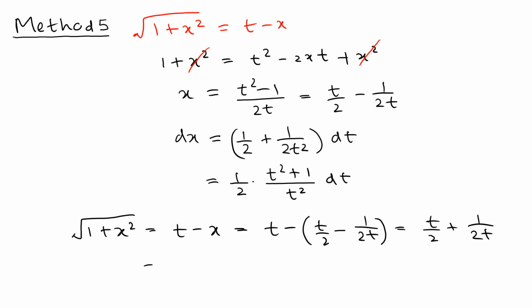That means this is simply 1/2 times t squared plus 1 over t. So as before, we're going to substitute all this into the integral. So let's see what we get. We have the integral of 1 over the square root of 1 plus x squared dx.